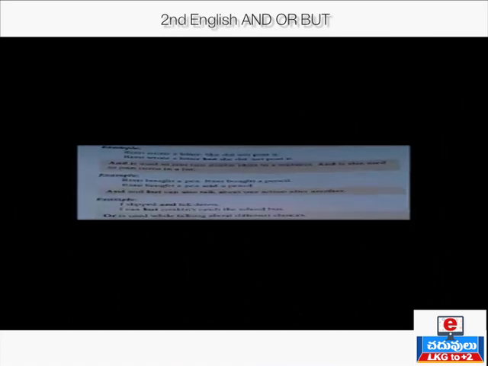And is used to join items in a list. Example, here, Remy bought a pen. Remy bought a pencil. This sentence you have to write with and. How will you write? Now we'll see. Remy bought a pen and a pencil.